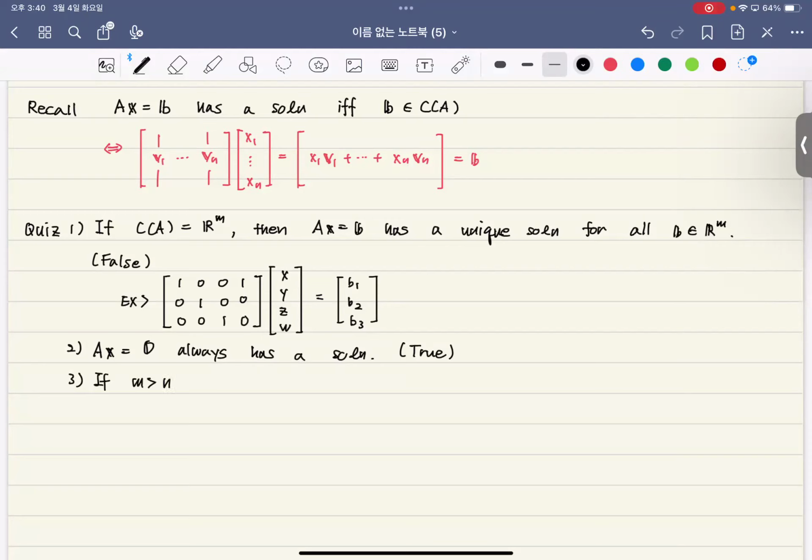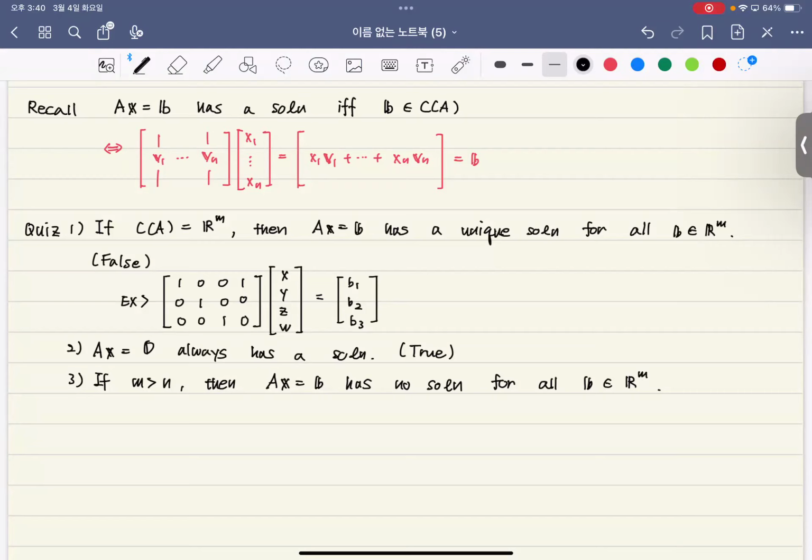If m is greater than n, so that means my matrix A is not a wide matrix, but a narrow matrix, right?